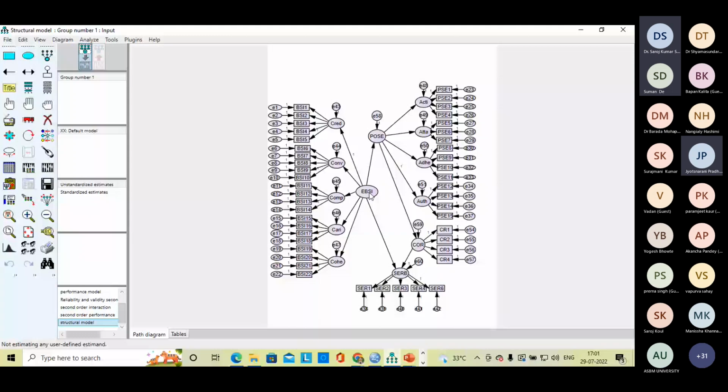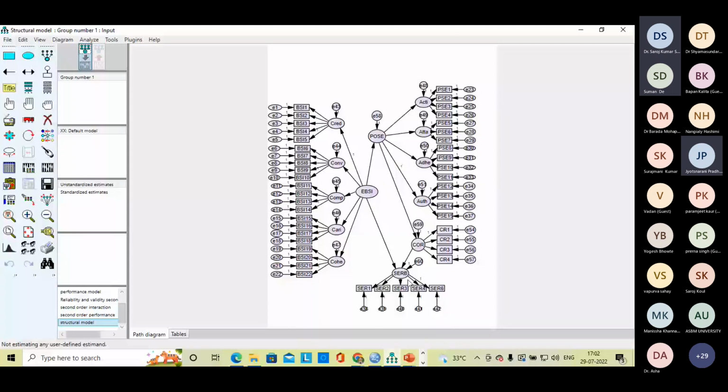Employee sales performance, POSC, as we have made it a symbol, leads to corporate reputation, COR. If corporate reputation is enhanced, it is easier to retain talent in the organization. Further, there is a direct effect of EBSI, buyer-seller interaction, on sales employee retention.